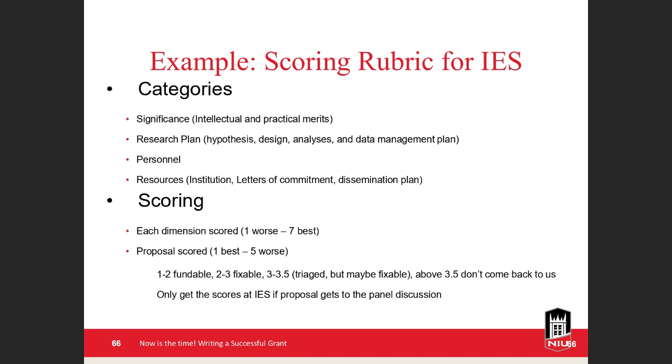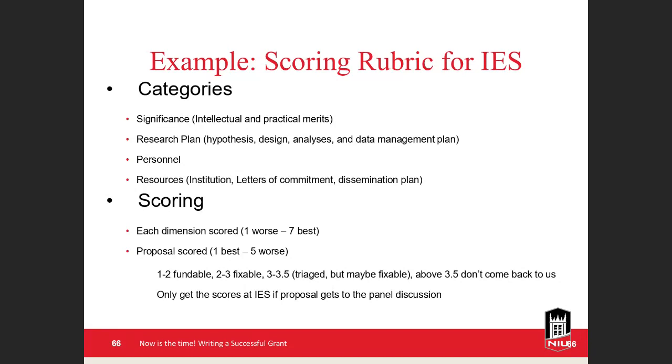And so generally, for example, for IES, if you get a score between 1 and 2, it's good, fundable. 2 to 3, it's fixable. And that's probably something where you would go back at the next cycle, armed with comments and feedback from the reviews to try again.